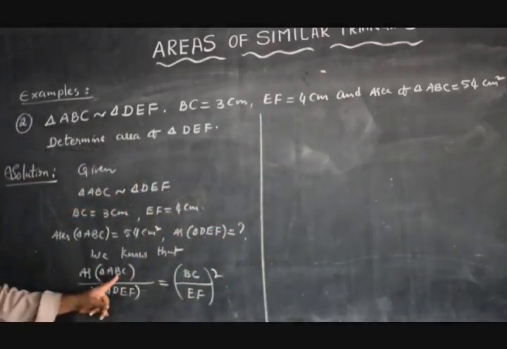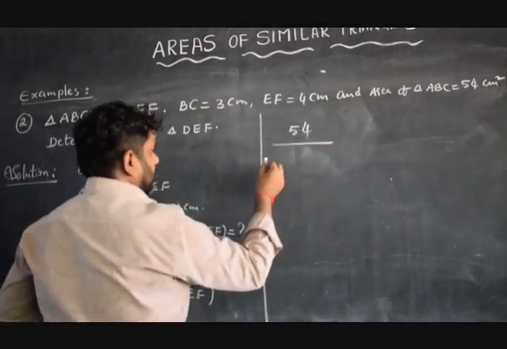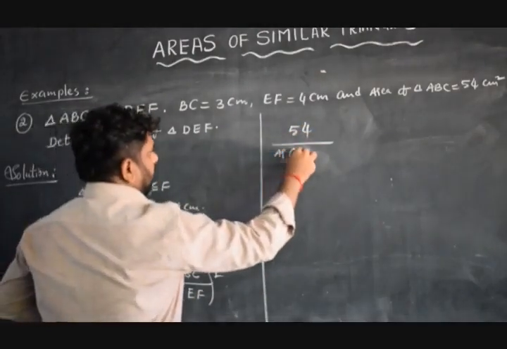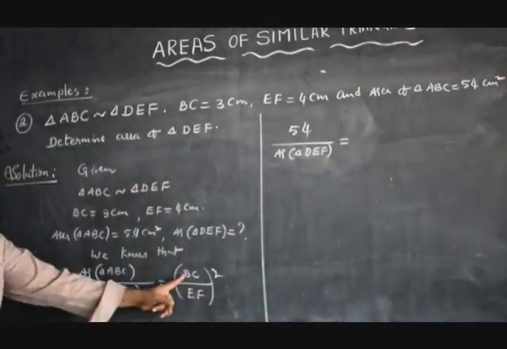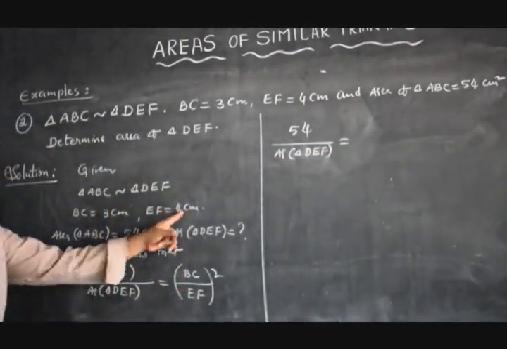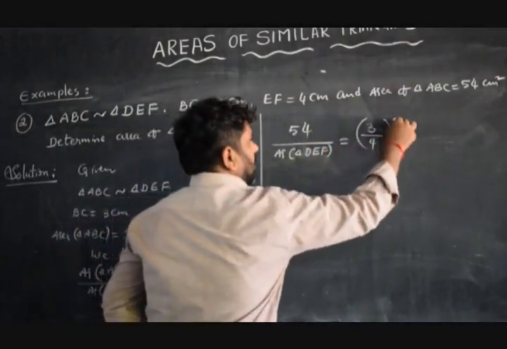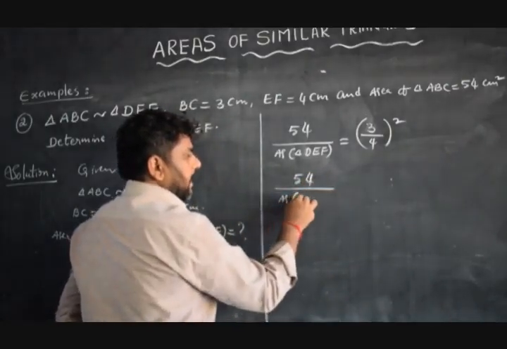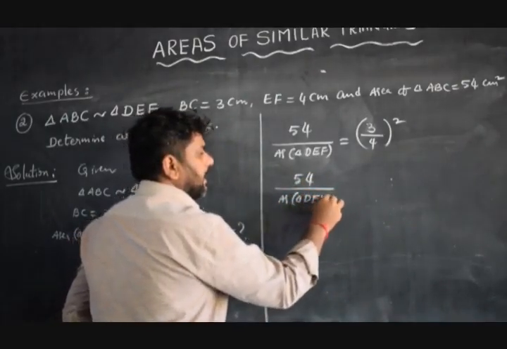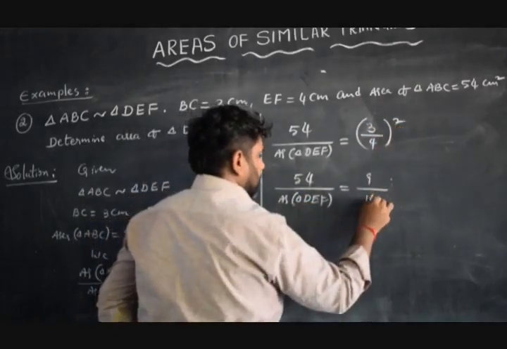So area of triangle ABC, 54, by area of triangle DEF, is equal to BC by EF, 3 by 4 whole square. Therefore 54 by area of triangle DEF is equal to 3 square 9, 4 square 16.